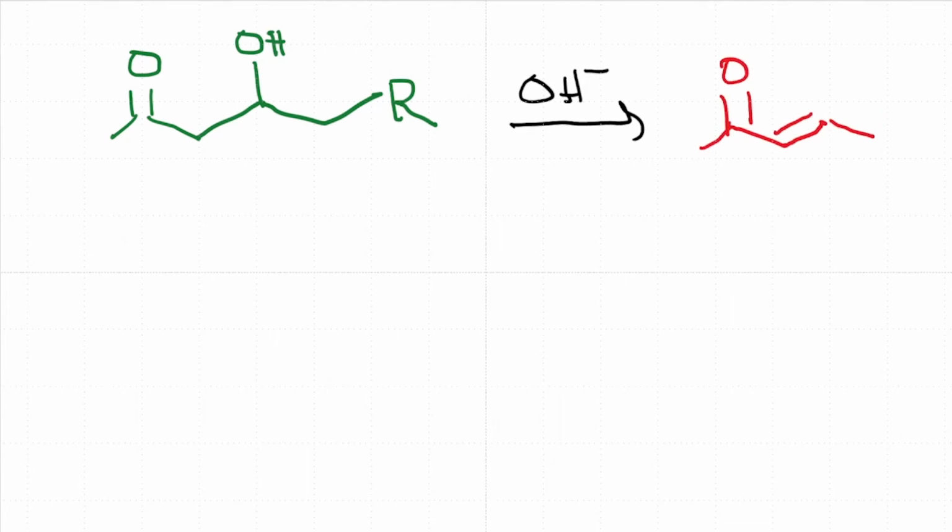Let me number it so that we can clearly understand this: 1, 2, 3, 4, 5, and this is 6. So you get this as the product.